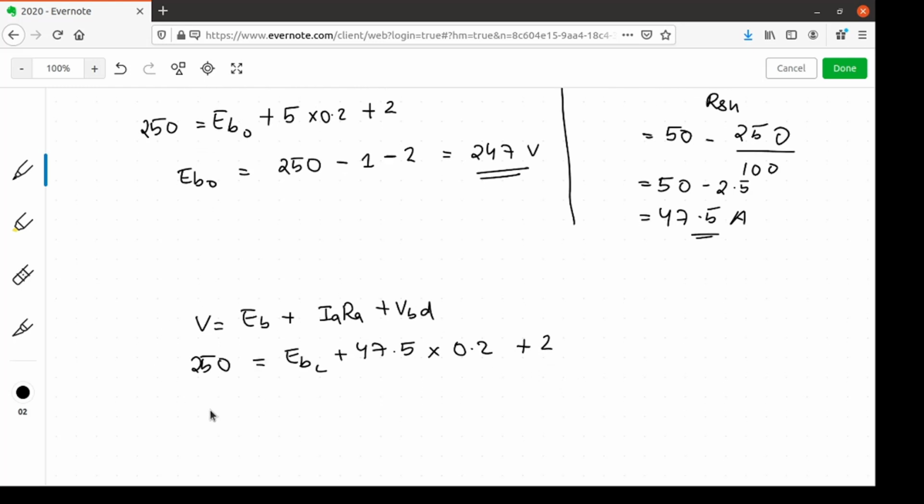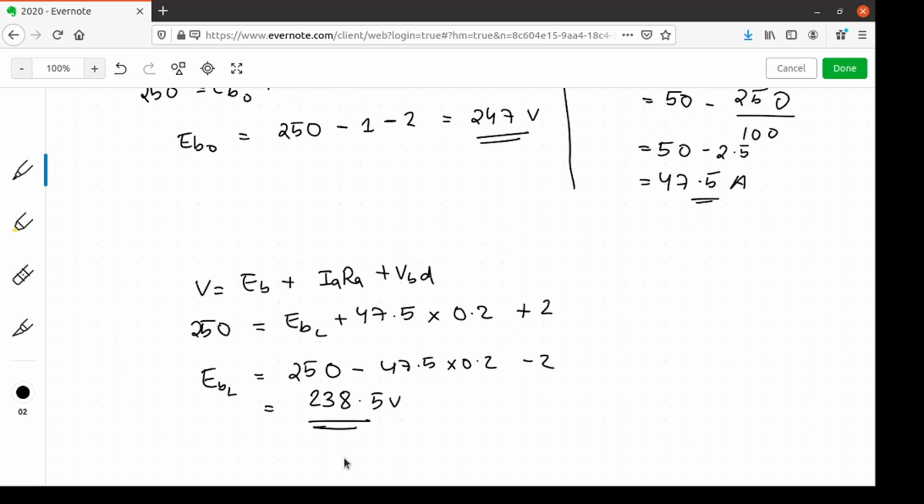Now we can solve for EB loaded. EB loaded equals 250 minus 47.5 times 0.2 minus 2, which turns out to be 238.5 volts. So we have both the back EMFs.